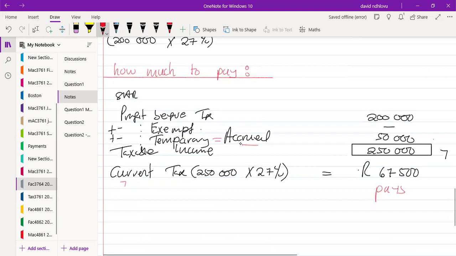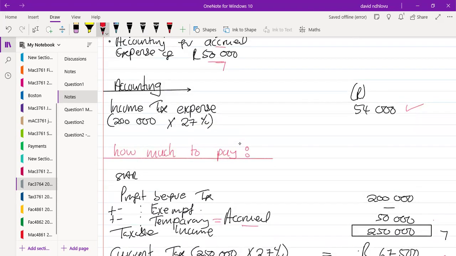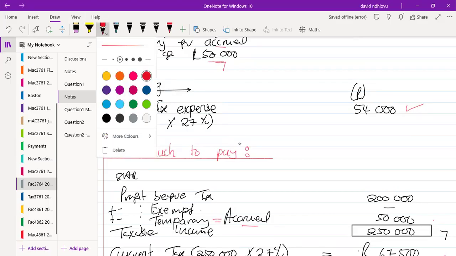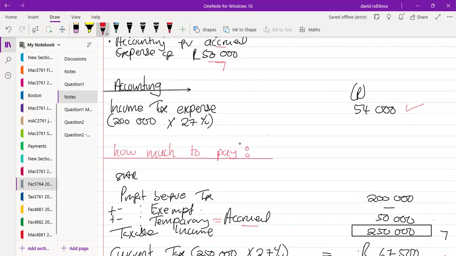But we'll always pay this amount. So from an accounting perspective, we incurred an expense of 54,000, but eventually paid 67,500. So 67,500 minus 54,000 gives us 13,500 overpaid.